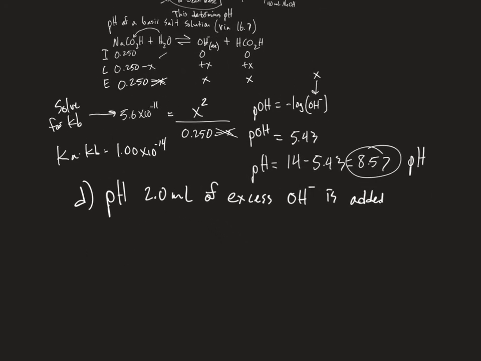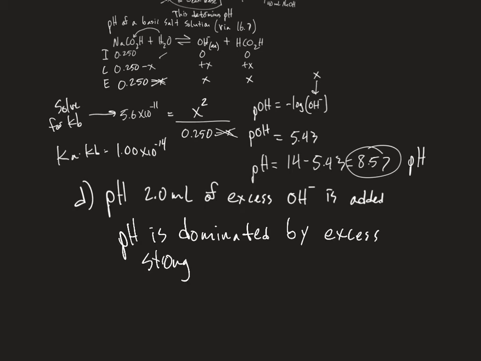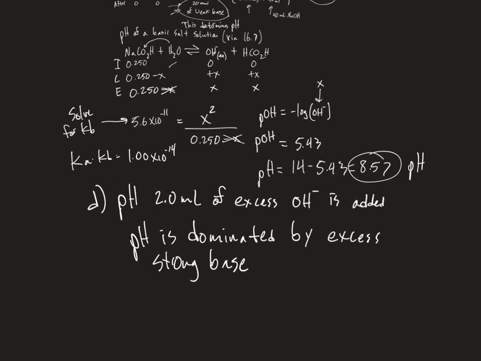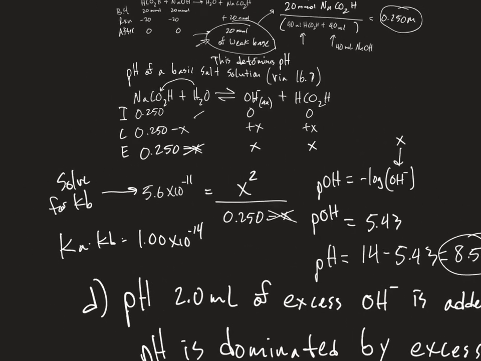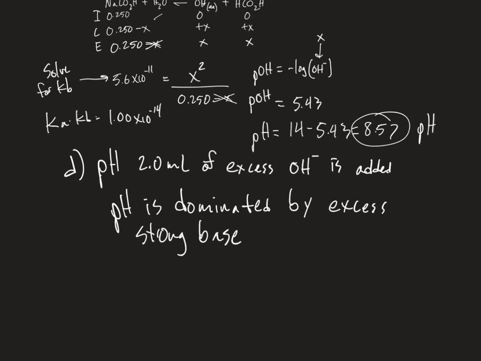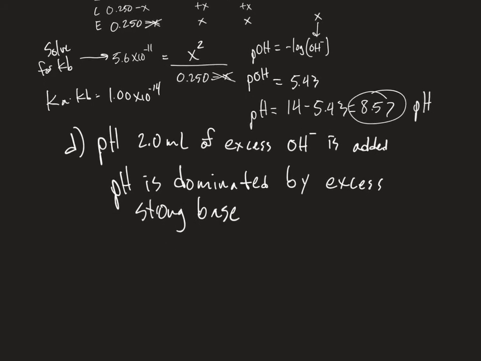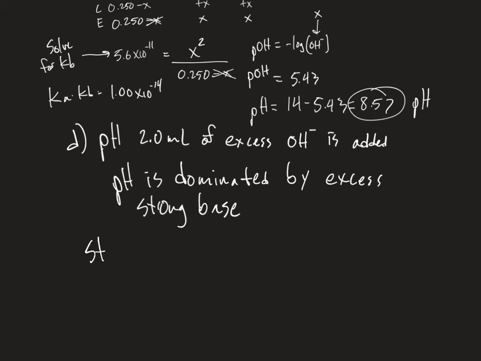Well, at this point, pH is dominated by excess strong base. Past the equivalence point, there is still a significant amount of weak base. We just saw that at the equivalence point there is. But because the OH minus is contributing so much to the pH, we simply turn this into a strong base pH calculation.